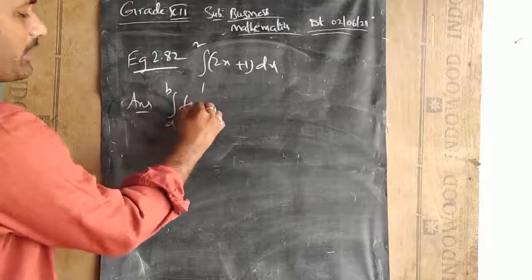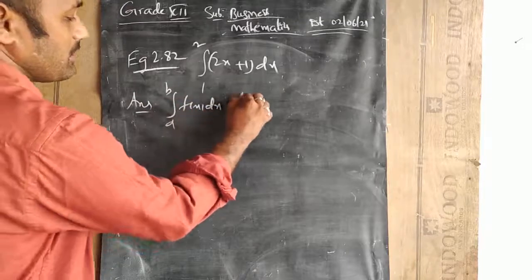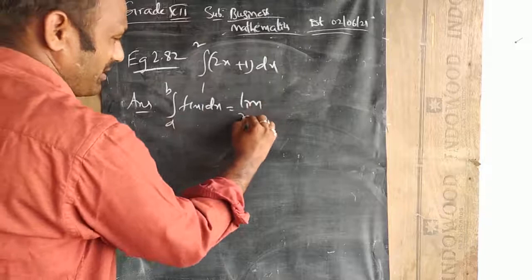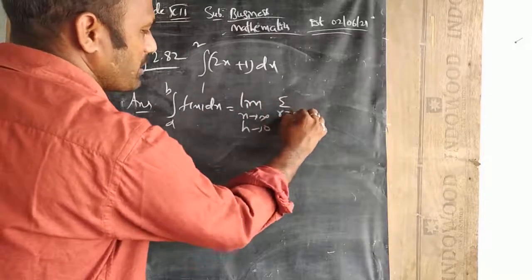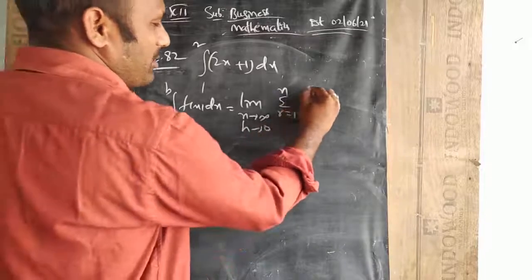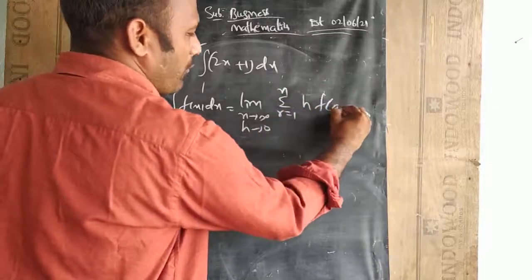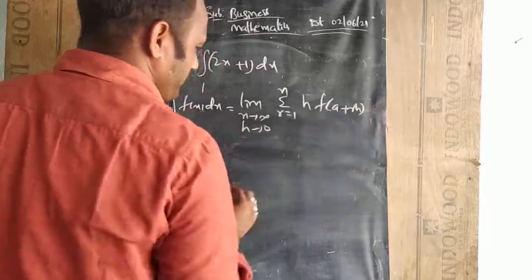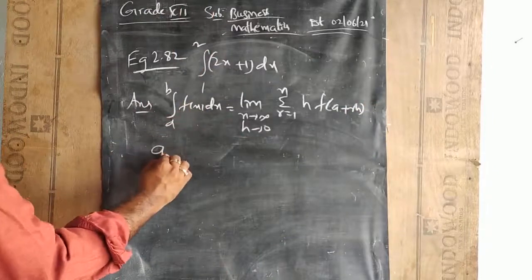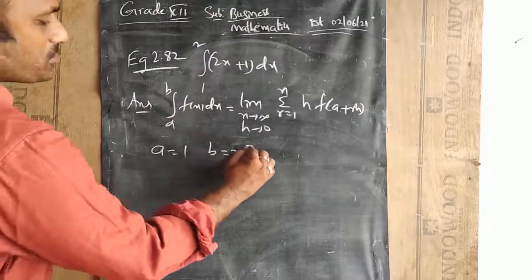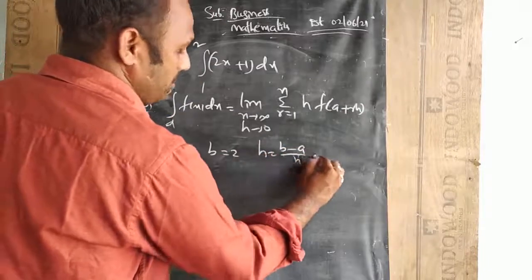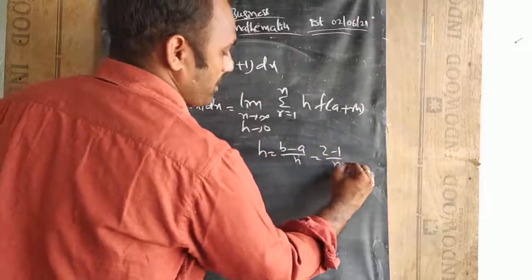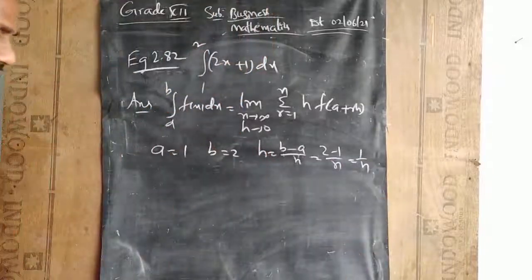Integral a to b f of x dx is equal to limit n tends to infinity, h tends to 0, summation r equals 1 to n, h into f of a plus rh. So what is the value of a here? 1. The value of b is 2, so h is b minus a by n, that is 2 minus 1 by n, which is 1 by n.